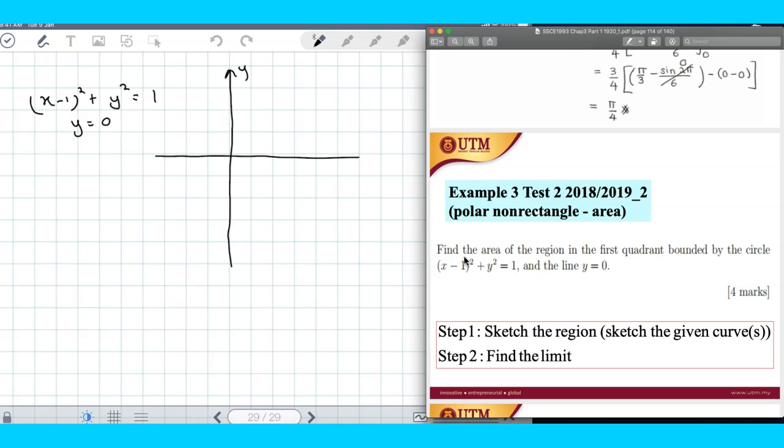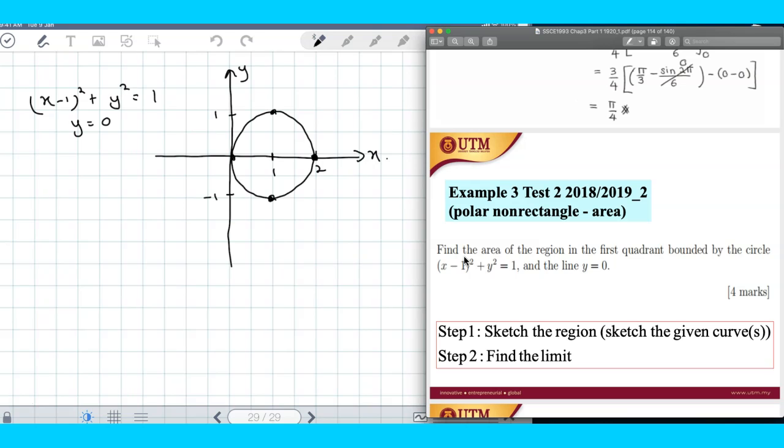On the xy-plane, let's say this is 1 and this is 2, and this is minus 1. So we have the circle with radius 1 where the center is at (1, 0). So that is the circle that we have.